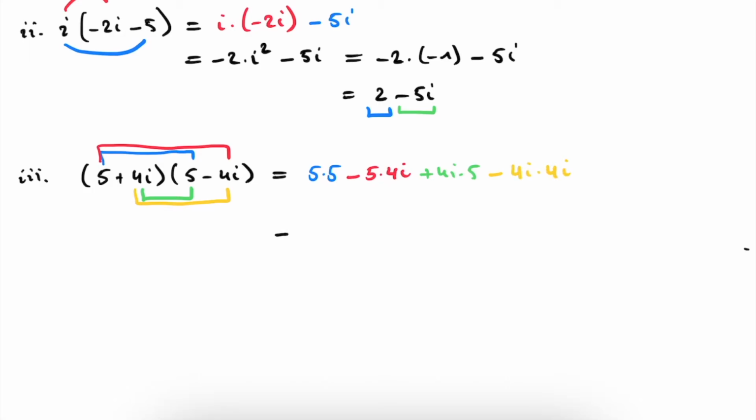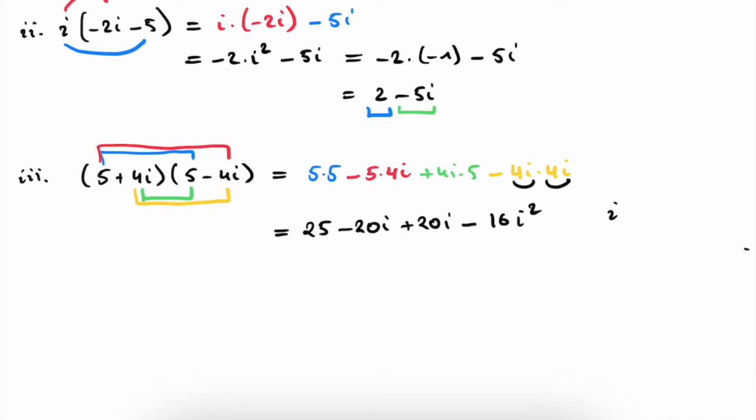So what does this now become? We have 5 times 5 is simply 25. We have minus 5 times 4i, which is simply minus 20 times I. We have 4i times 5, which is plus 20 times I. And then of course we have minus 4i times 4i, which is 16 when we multiply these two 4's together, and of course I squared.